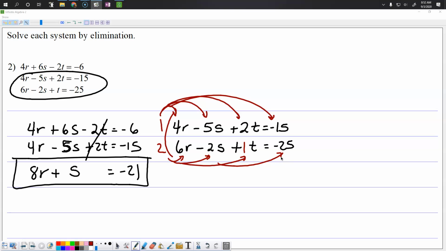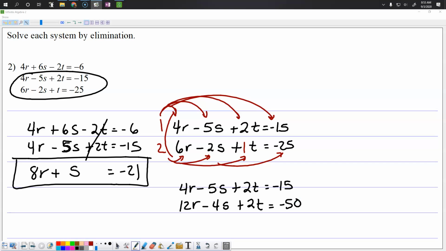The top is not going to change because I'm only multiplying it by 1. The bottom, everything's being multiplied by 2. Ew, negative 50. It's a big number.